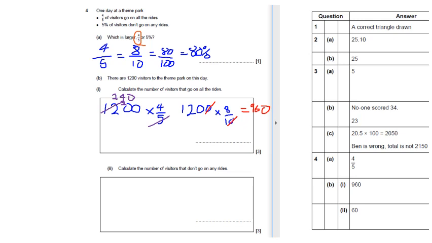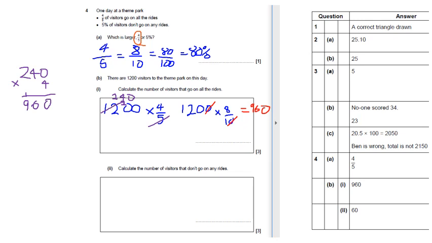And then done 240 times 4. 4 times 0 is 0, that's a 6, carry a 1. 2 times 4 is 8, 960. So 2 different ways of doing it there.